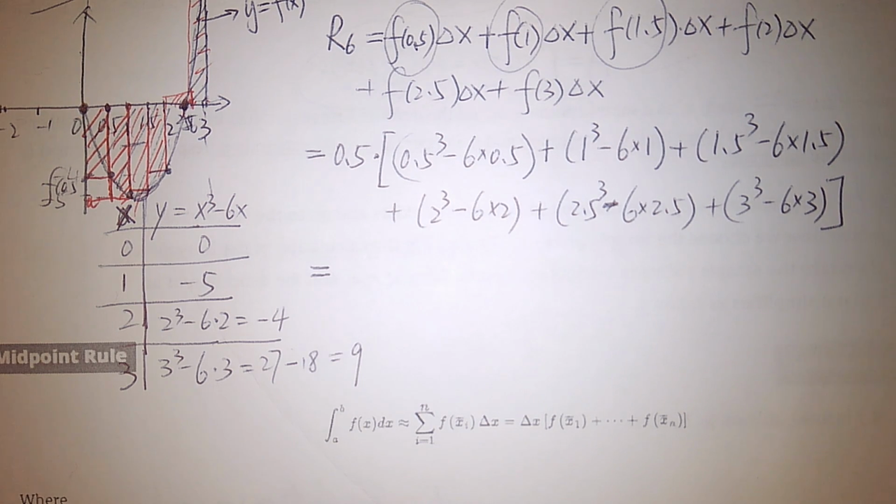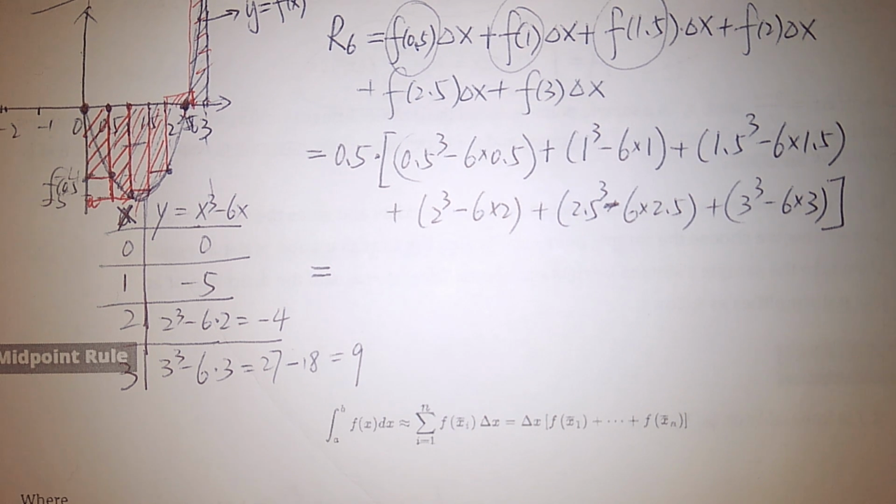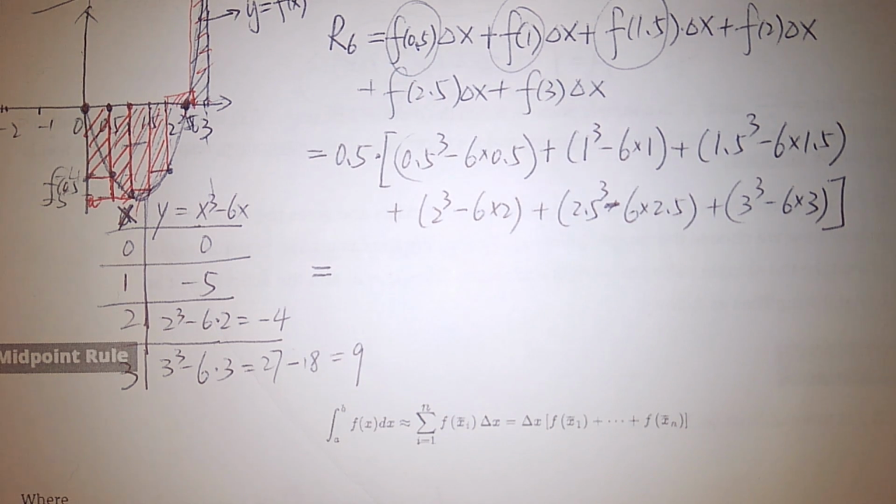Yeah, we can check his answer here. See, this is an example from the textbook, right? R of 6 equals the sum of these products. So you see, the first four rectangles all have negative area, right? And then the last two have positive area, right?